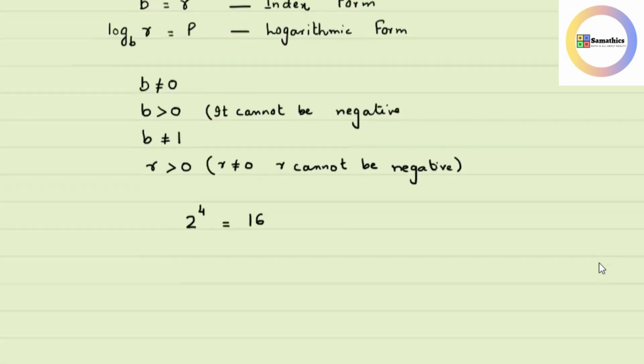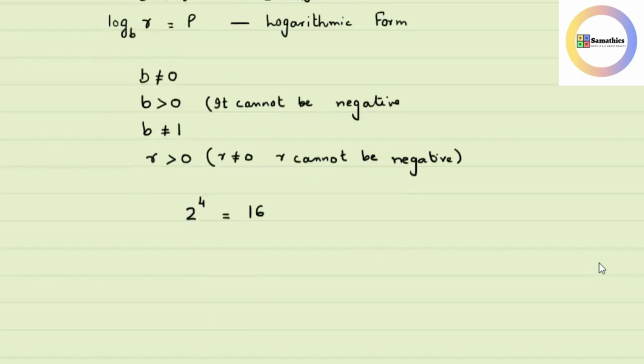Yes. So if we have to write this in log form, we will have log to the base 2 of 16 is equal to 4, right? We must have this positive, it cannot be 0, it cannot be negative, and it cannot be 1.